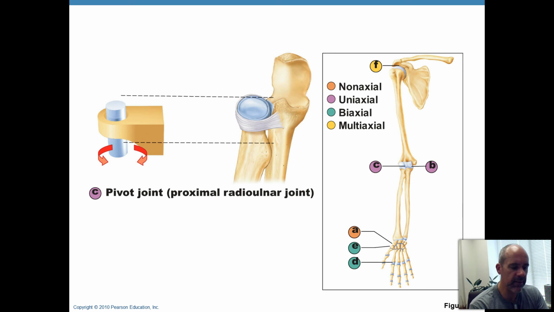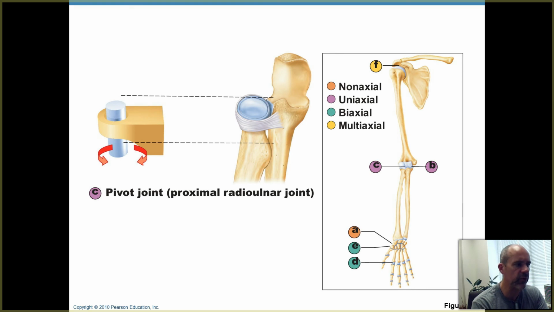All right, the next example of a synovial joint that we have here is a pivot joint. So pivot, you guys know what pivoting means. Something rotates around this way or that way. It's pivoting. And a great example of a pivot joint is the proximal radio-ulnar joint.